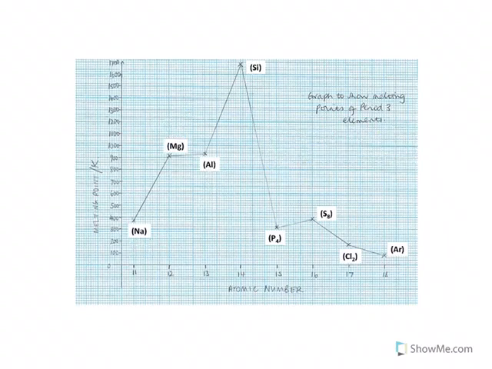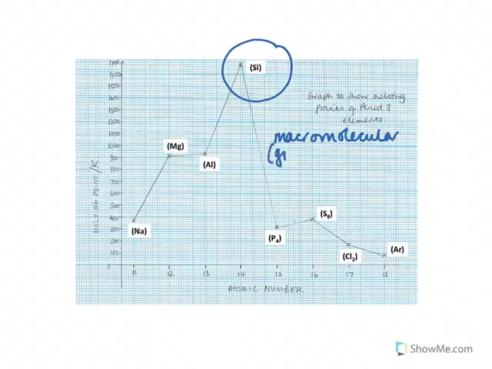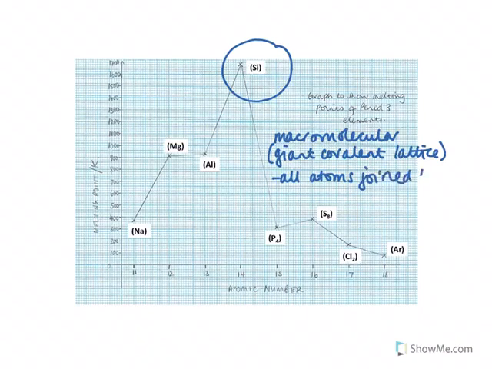Now let's have a little look at silicon here on its own. Now silicon is macromolecular, which means it's got a giant covalent lattice structure. So all atoms are joined by very strong covalent bonds.